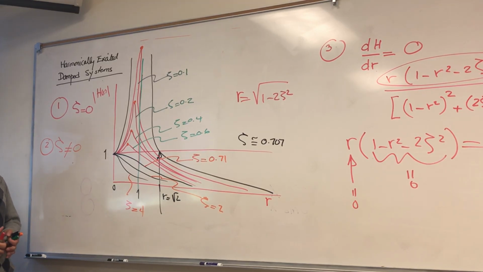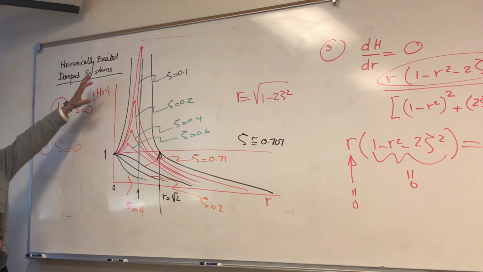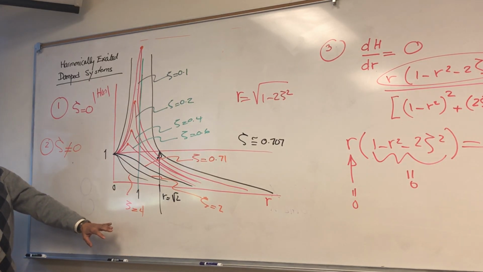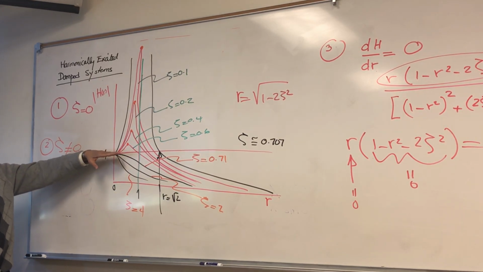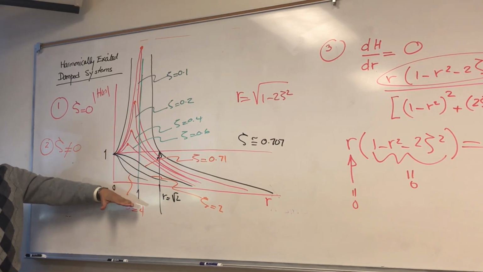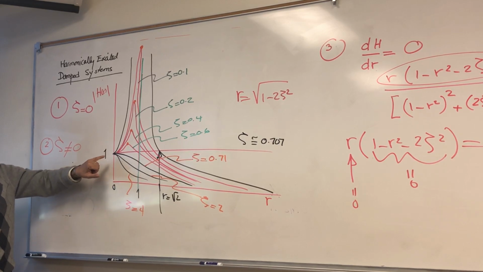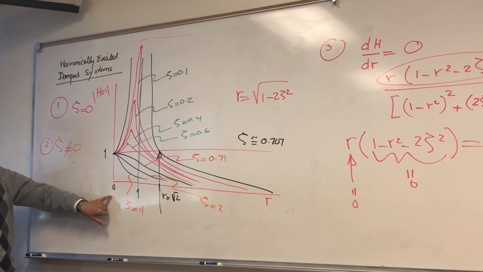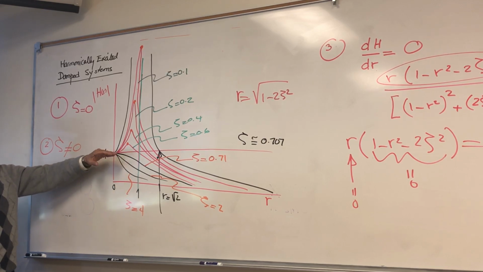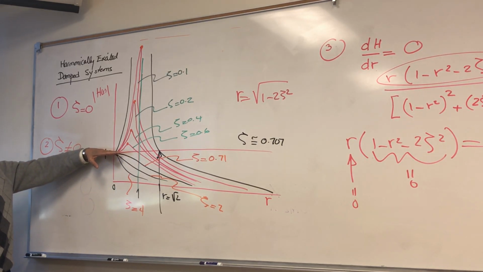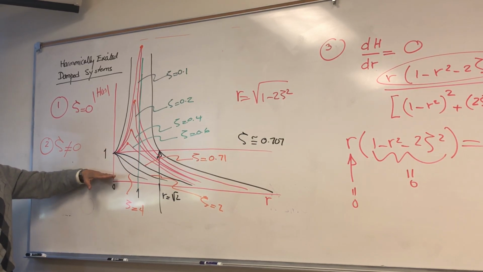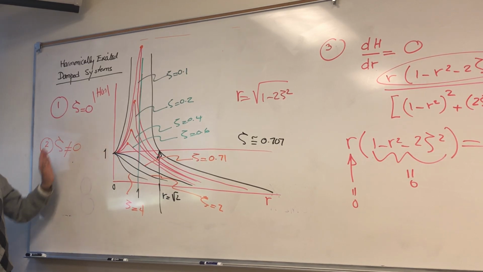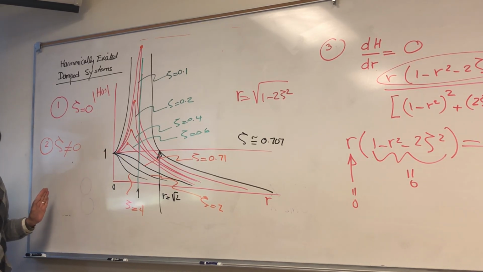In the case of damped systems, as long as the damping ratio is below 0.707, the maximum value can occur at R equal to 0. Or in other words, for zeta greater than 0.707, the maximum dynamic response is always less than the corresponding static response.